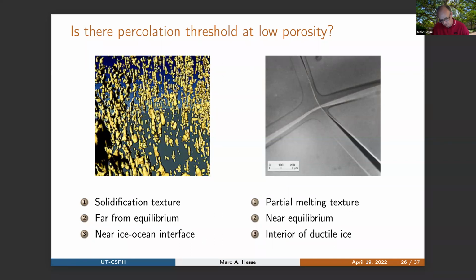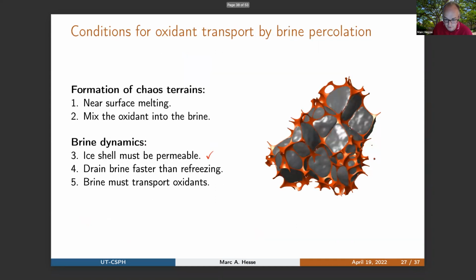But once you're inside a solid state convecting ice shell, you're going to have very nice recrystallized ice texture, and you're actually undergoing partial melting. So I think this is the relevant texture. But of course, we'll not know. And if that is the case, then if the ice shell is essentially partially molten, it would mean that it's also permeable, right? And then comes the dynamic question of whether the brine can essentially drain faster than it's refreezing.